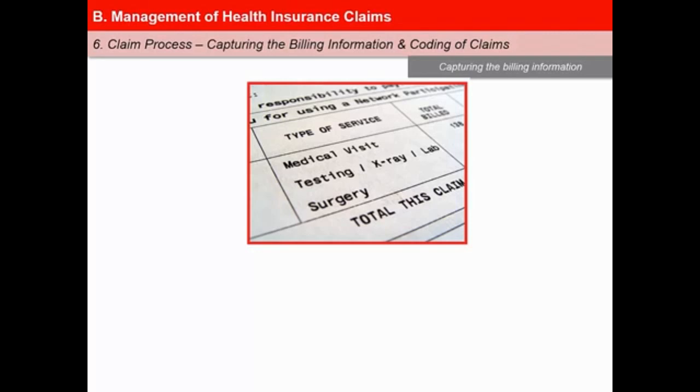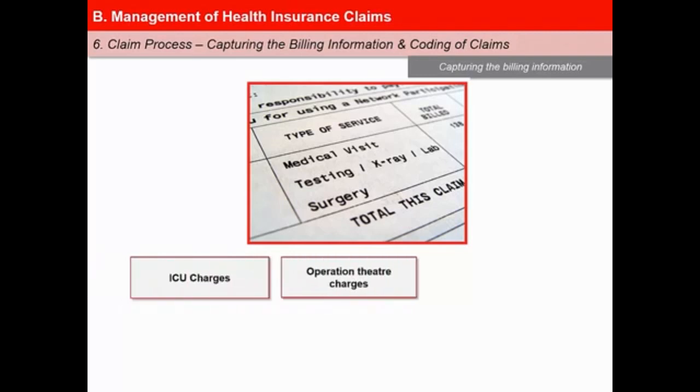Charges for ICU and any intensive care operations. Operation theatre charges, anesthesia, blood, oxygen, surgical appliances charges, etc. Surgeon, anesthetist, medical practitioner, consultant, specialist fees.